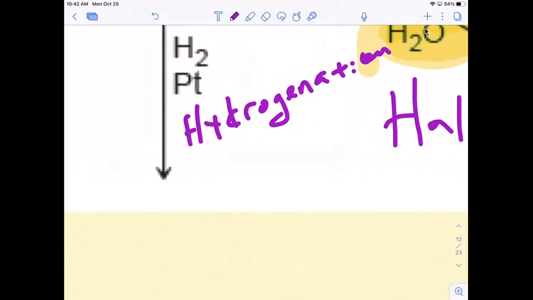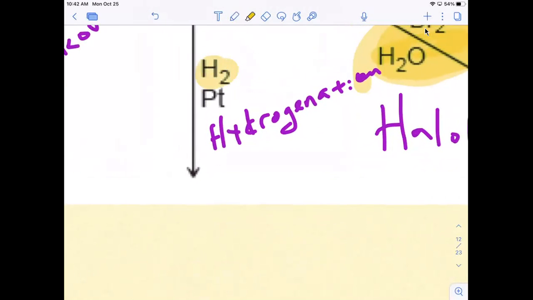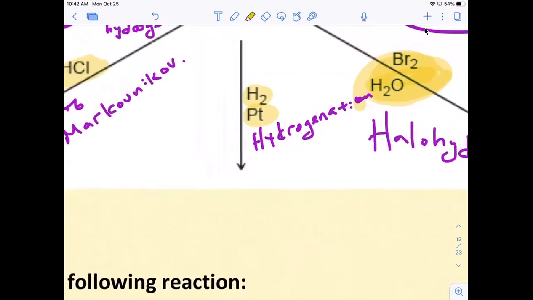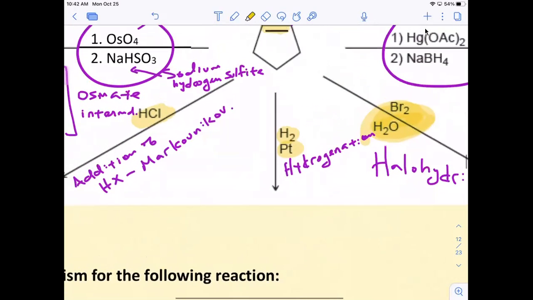All right, so you can see the reagents, H2 and a platinum catalyst. It's either platinum or palladium. And this is a pretty involved mechanism too, but I'll be happy to show the arrows and all that stuff afterwards.